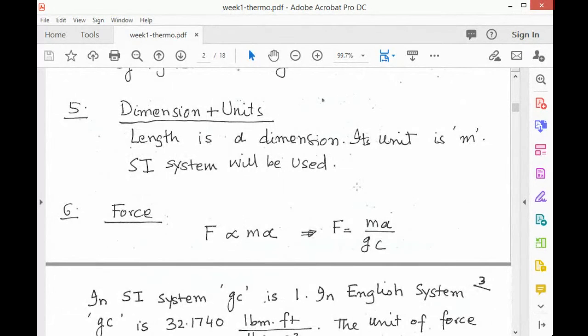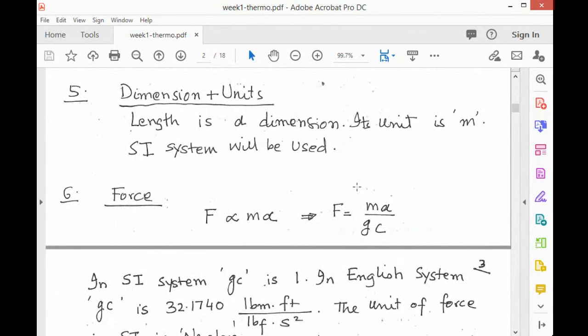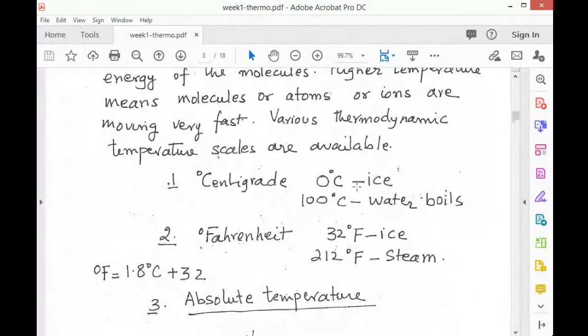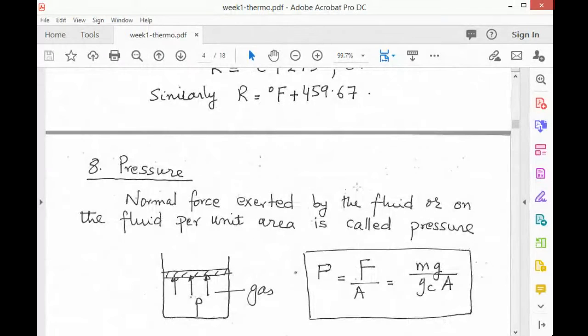So we talked about dimensions, units, force. Temperature, absolute temperature. We talked about pressure.